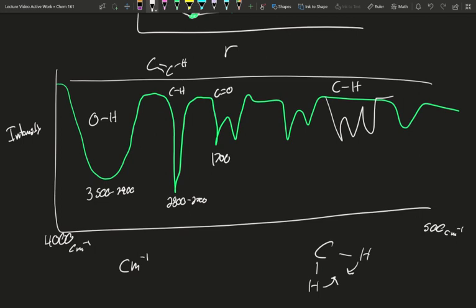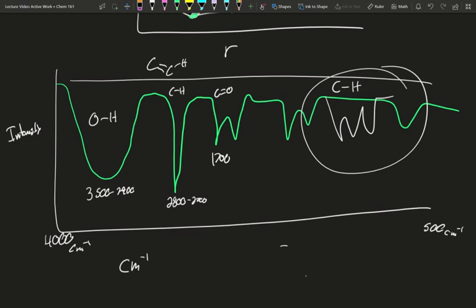Right? Or weightlifting. Have your arms in front of you and just lift them up. They can go up and down. They can vibrate around. There's a lot of different vibrations that can happen when you have multiple things. That tends to be in this region for the CHs. Organic molecules have lots of CHs, so it's really useful.